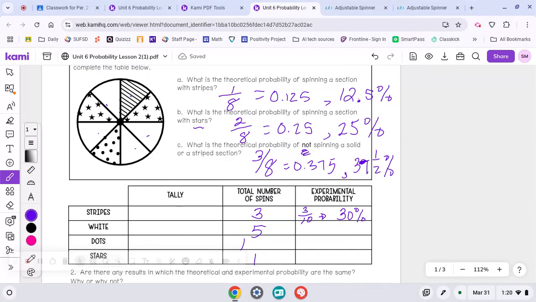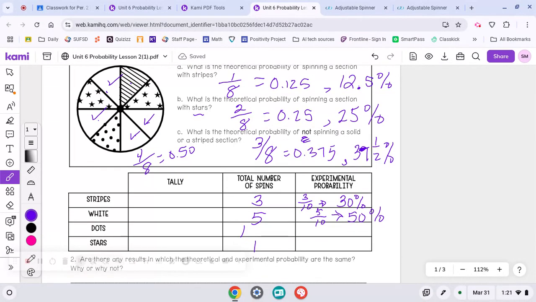White, or blank, as I put it on ours, was 5/10, which is 50% of the time that happened. And white, or blank, up top was 1, 2, 3, 4 out of 8, which happens to be 50%.